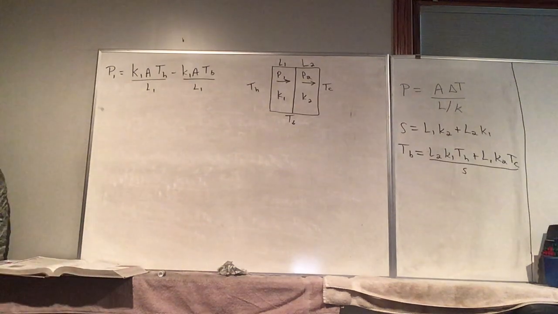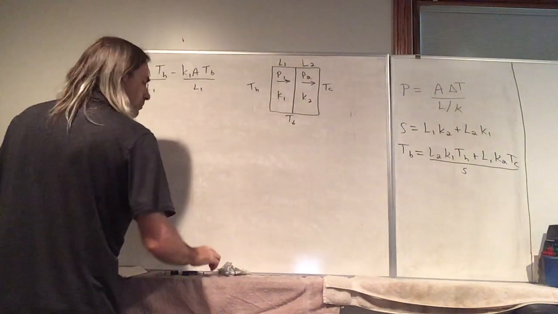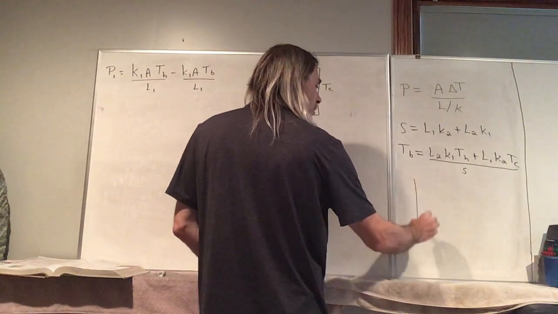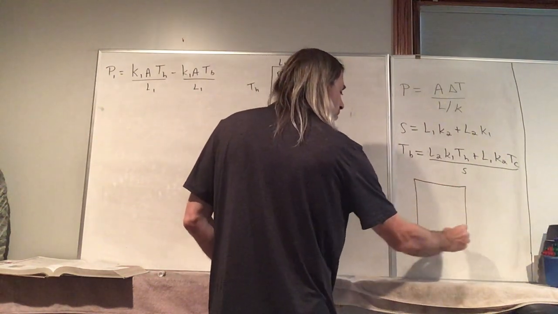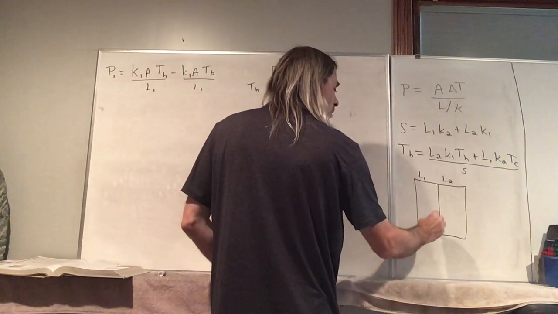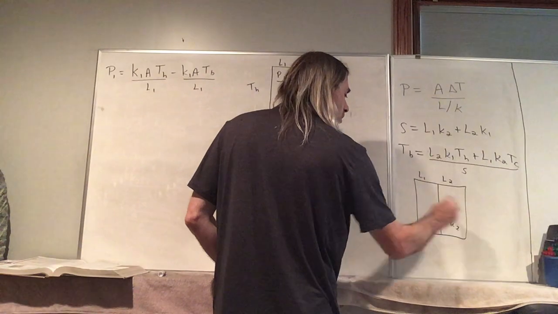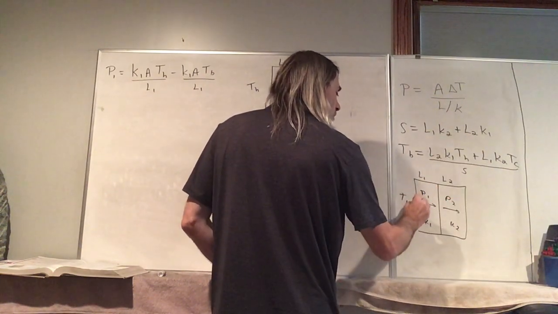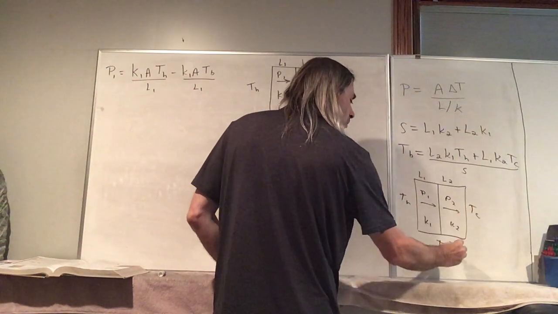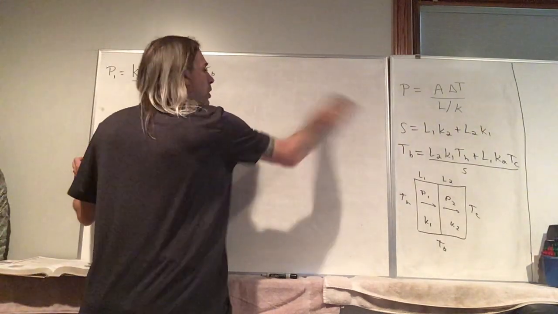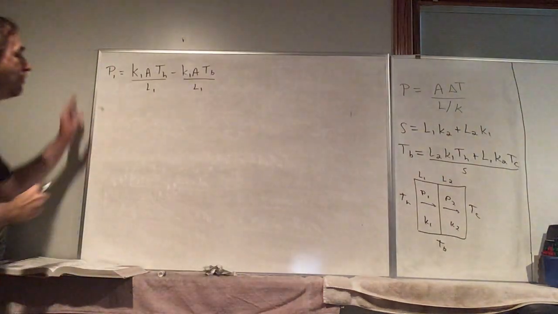So now we want to plug in TB, and this is where things are going to get kind of messy. You know what? I'm going to redraw this over here. Not that we really need it, maybe. Okay, so let's erase this just to make sure that that won't get in the way.